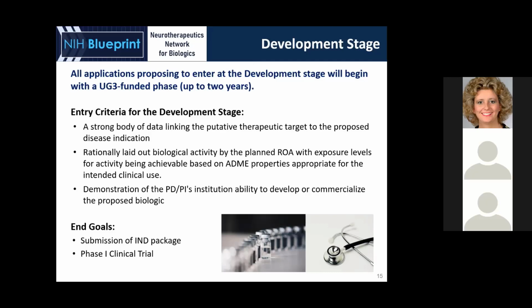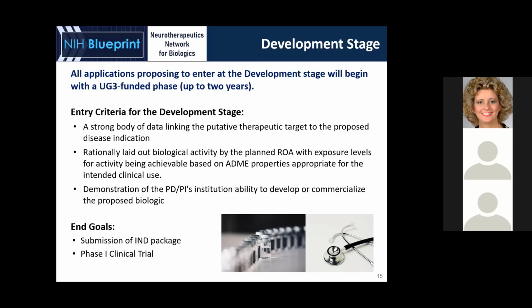The entry criteria to come into the system for the development is a strong body of data linking the putative therapeutic target to the proposed disease indication, as well as a rationally laid out biological activity by an identified route of administration.